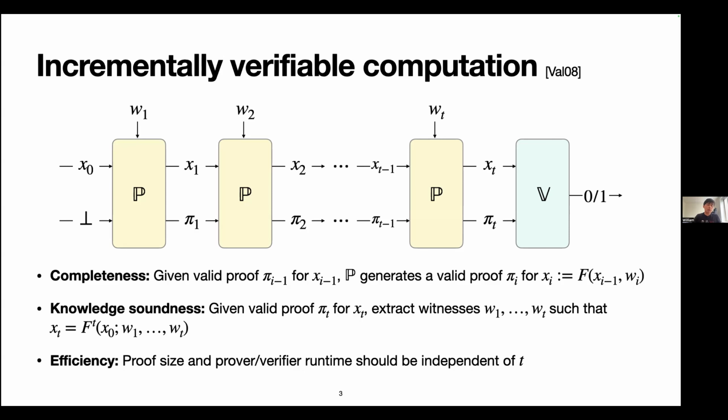And the final key property of IVC is efficiency, which basically says that the size of your proof, as well as the prover and verifier runtimes, should essentially be independent of T. And this is the key feature which eliminates the drawbacks that I described earlier when it comes to using SNARKs directly.